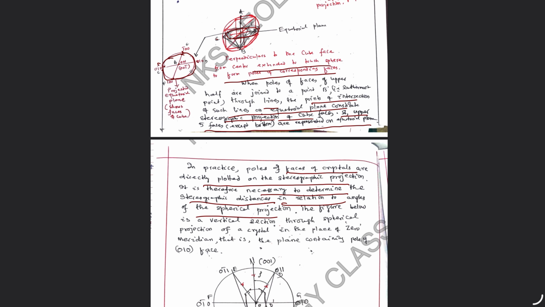We can draw this stereo net by taking into account the distances corresponding to the angular relation. The figure below is a vertical section through a spherical projection of a crystal in the plane of the 0 meridian, that is the plane which is passing through the pole of the 010 phase.